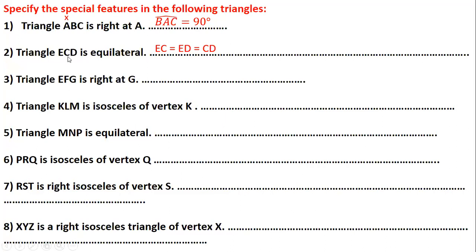Name the angle at vertex C. ECD. The angle at vertex D. CDE. So these three angles are equal, right, Hassan? Yes. Each angle measures how much? 60. Yes, so I write the three angles are equal and each angle measures 60 degrees. This is how we write the special features of an equilateral triangle.